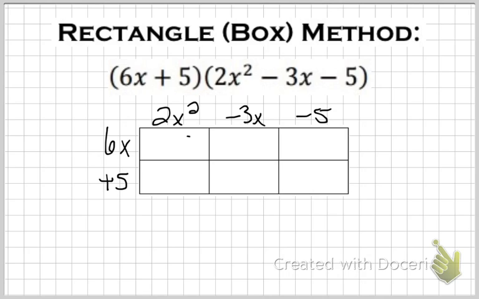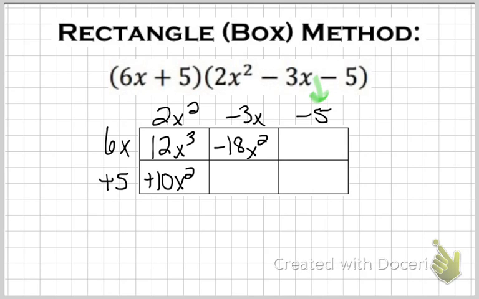So first we begin with this first box, or rectangle, however you want to think of it. And we have 2x squared times 6x. 6 times 2 is 12. X times x squared, x to the power of 3. Then I'm going to move down to the box below. 5 times 2x squared is a positive 10x squared. Then the next one, 6x times negative 3x would give us a negative 18x squared.